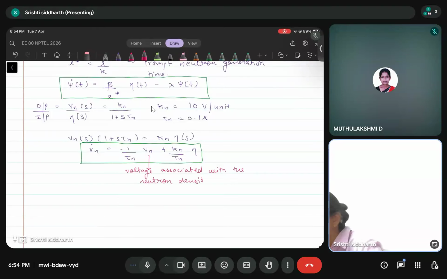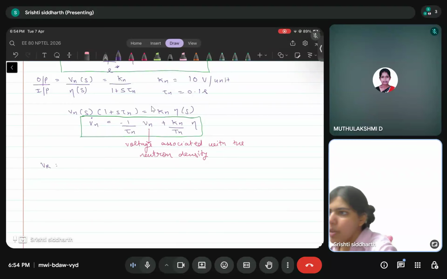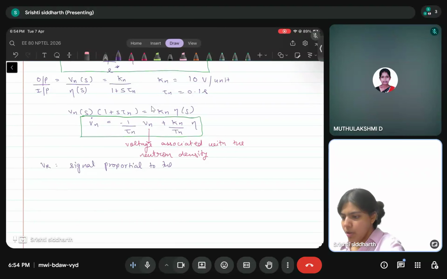Similarly, we have another one, Vr. This is a measurement. Vr is a signal proportional to the rate of change of neutron density.